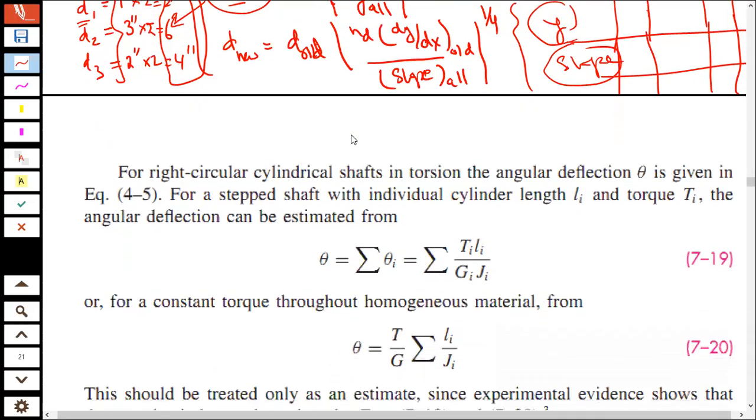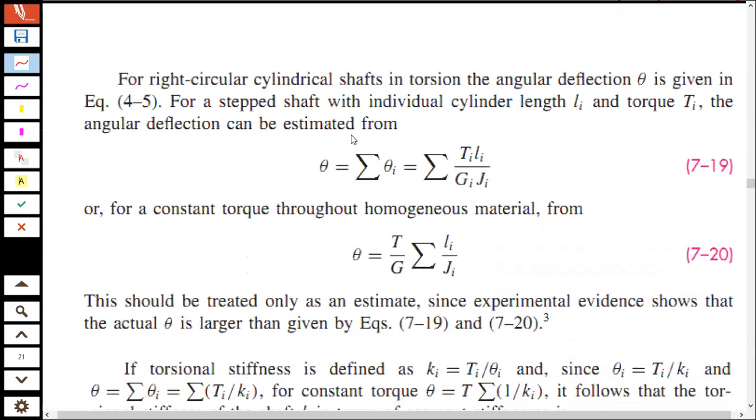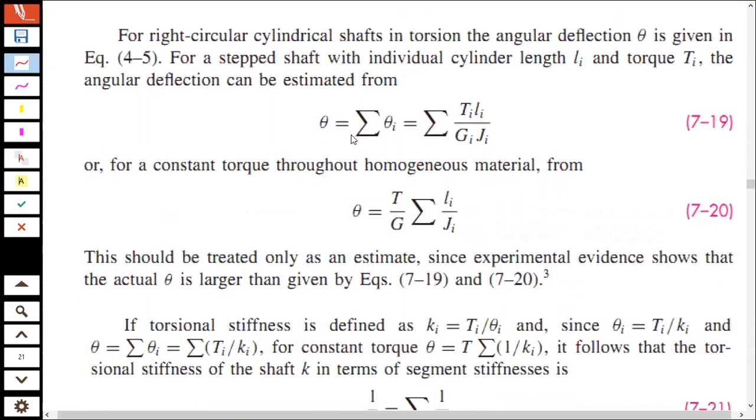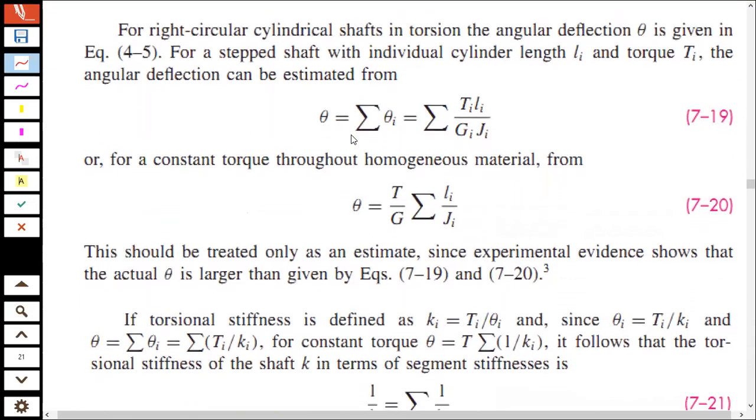Okay. Now, looking at the angular deflection, we know that theta is equal to TL by GJ. Agreed?